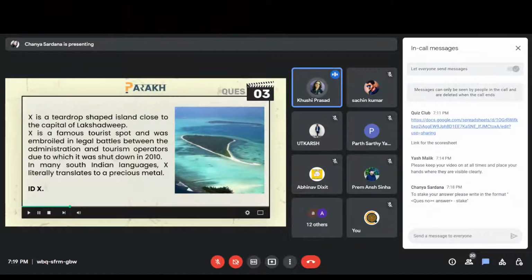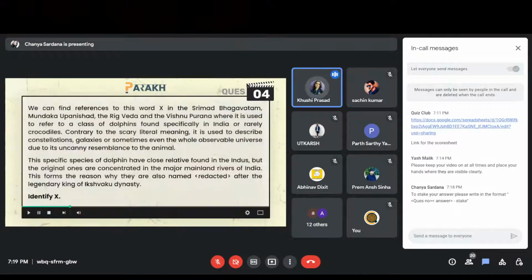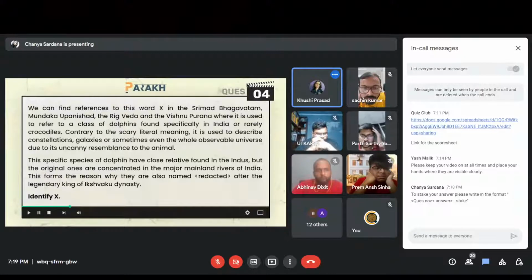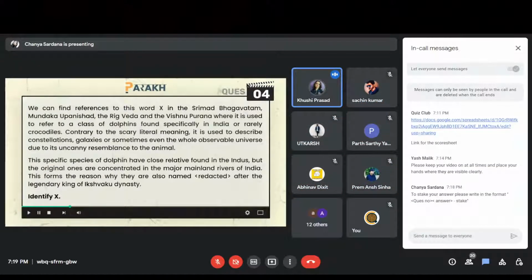Okay, so moving on to the next question. Question number 4. People find references to this word X in the Srimad Bhagavatam, Mundaka Upanishad, the Rig Veda, and the Vishnu Puran, where it is used to refer to a class of dolphins found specifically in India, or rarely crocodiles. Contrary to the scary literal meaning, it is used to describe constellations, galaxies, or sometimes even the whole observable universe due to its uncanny resemblance to the animal.